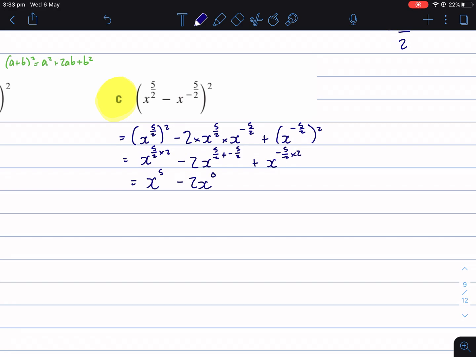This will be x to the 0, x to the negative 5. So we've got x to the 5, take 2, plus x to the negative 5. They weren't bad at all.